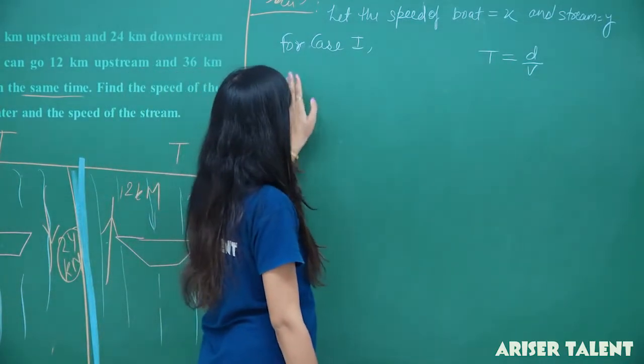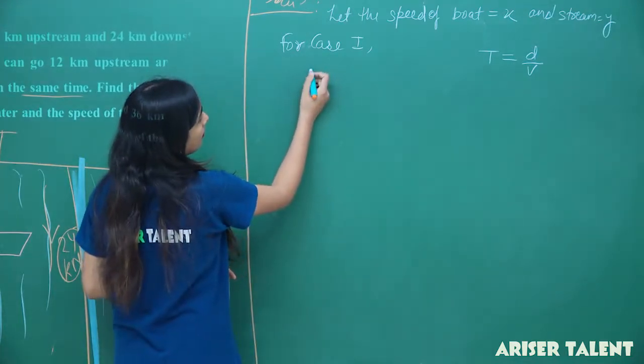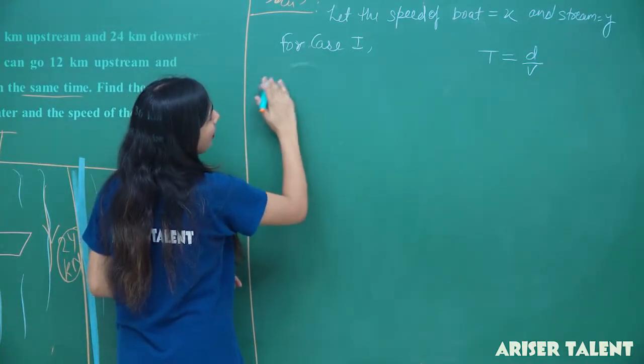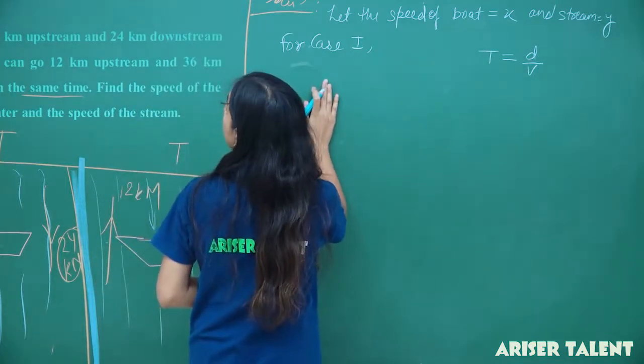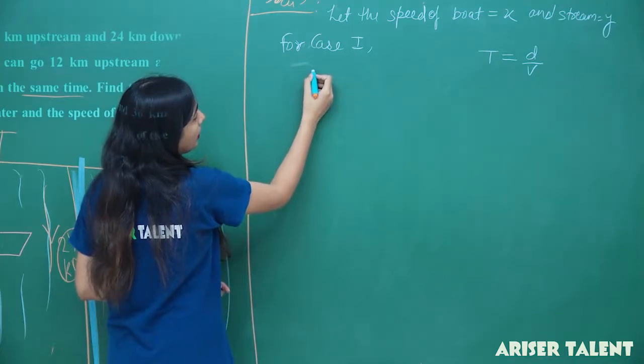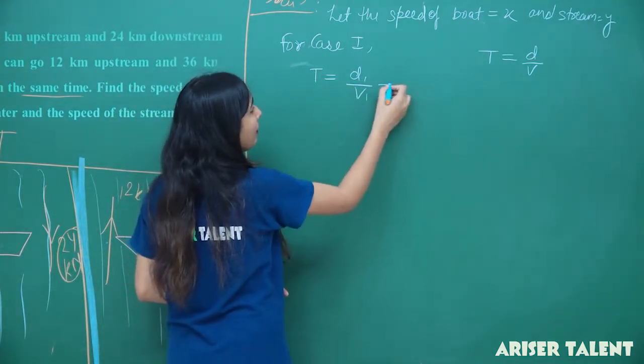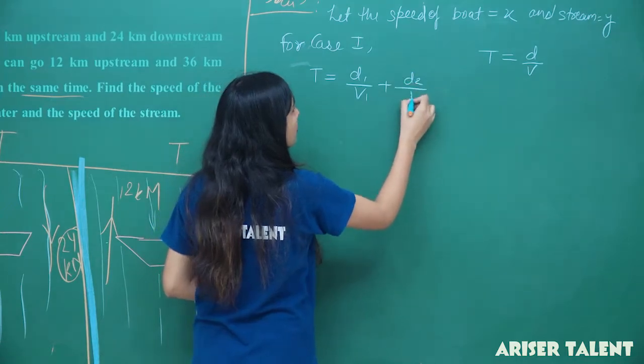So, if we talk about this first case, the time is given 6 hours, right. So, total time is d1 by v1 plus d2 by v2.